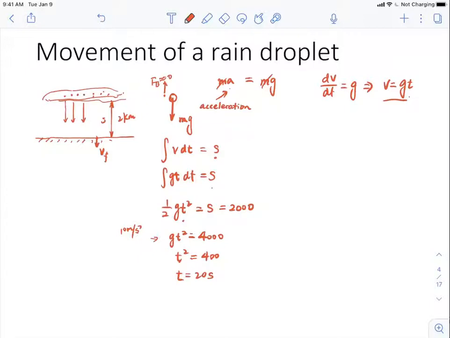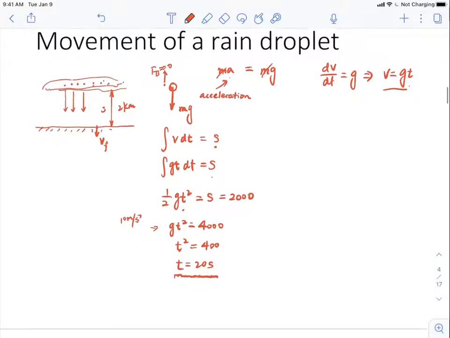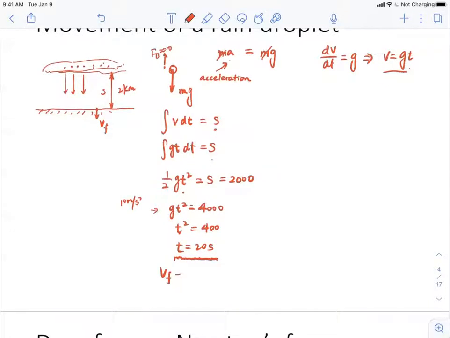So if we assume that there's no drag force, it's going to take around 20 seconds for the raindrop to fall onto the ground. And now we can calculate the final velocity. The final velocity is just g multiplied by t. That's 10 multiplied by 20. That's 200 meters per second. So this is the final velocity of a raindrop if we assume that there's no drag force.